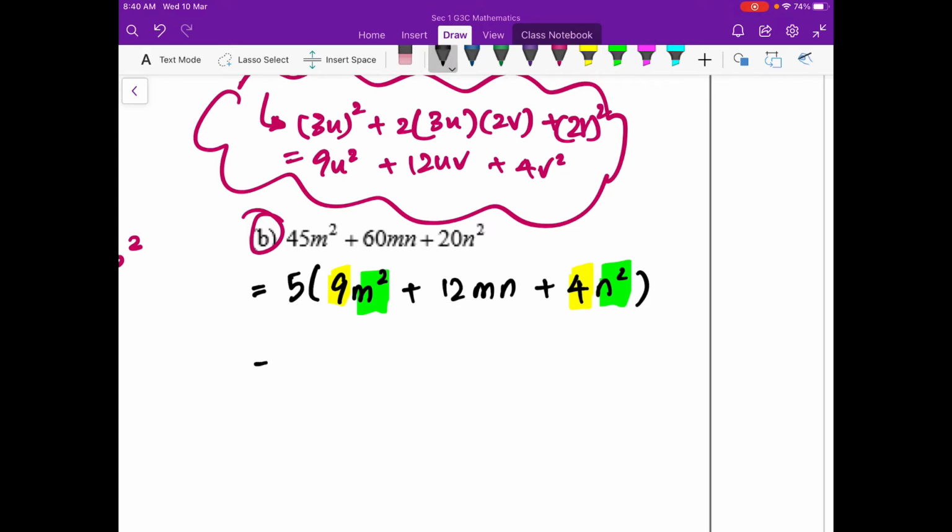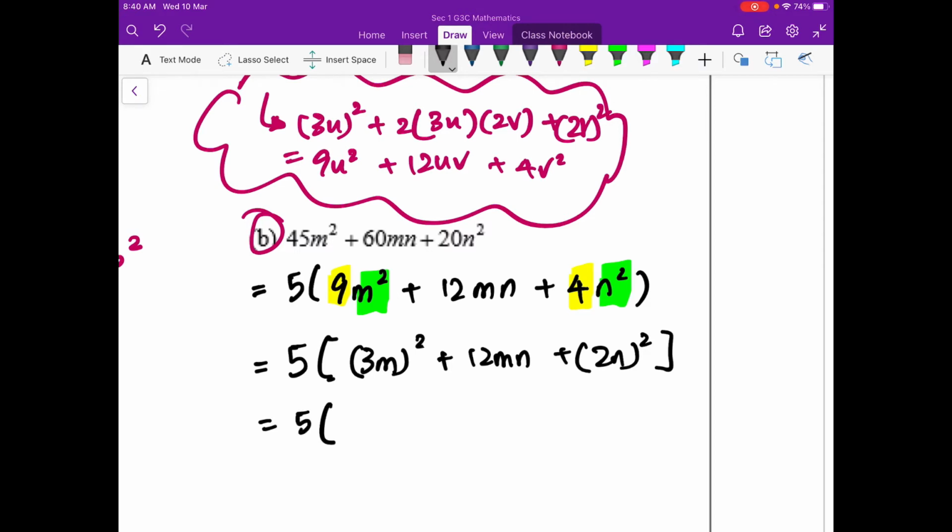So the answer will be 5 times of 3m plus 2n squared. So within the square bracket, we have our perfect square again. 3m plus 2n, and you square this.